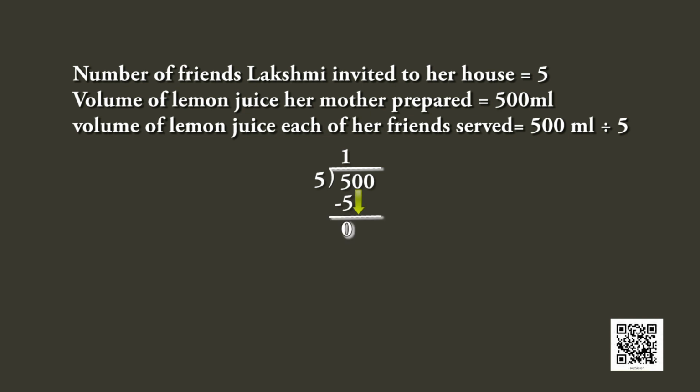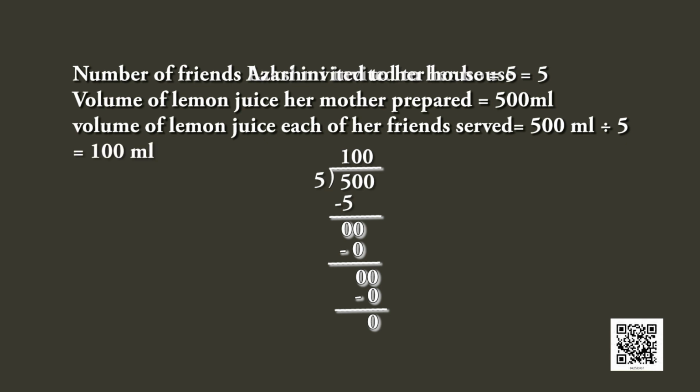We bring 0 down, 5 zeros are 0, 0 minus 0 is equal to 0. We bring the left out 0 down, 5 zeros are 0, 0 minus 0 is equal to 0. Therefore, if you divide 500 by 5, we got 100. So, volume of lemon juice each of her friends served is equal to 100 milliliters.